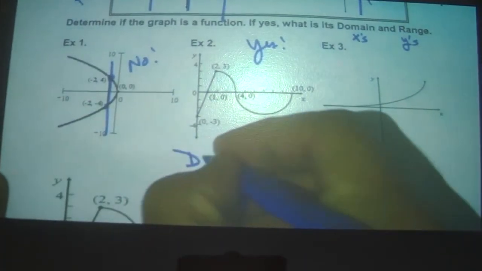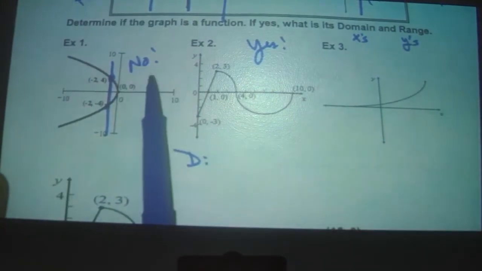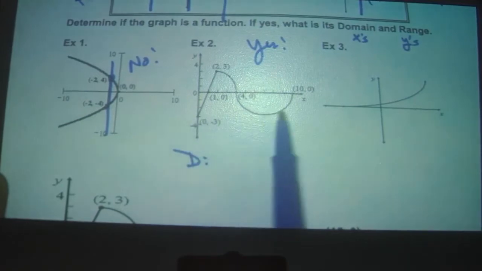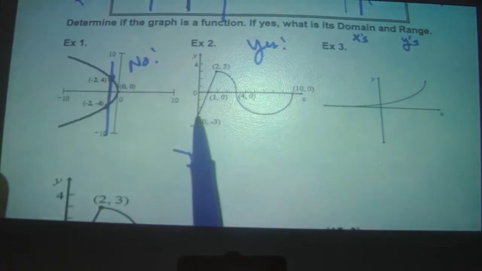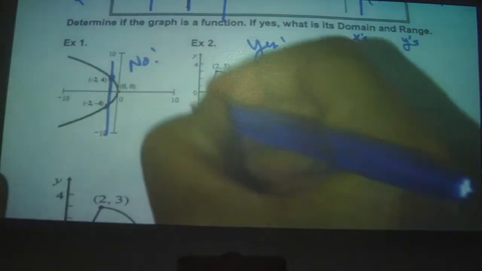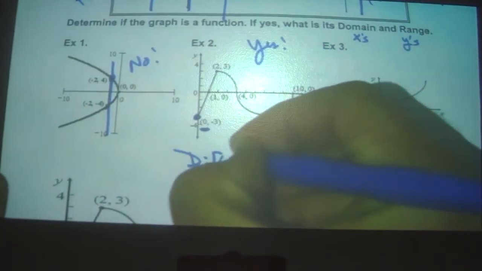D for domain. Okay. That's the x values. So start left to right. What x values do you start seeing? Well, it starts right here. What's this x value? What is that, 0? That's a solid point, so it's inclusive on 0.